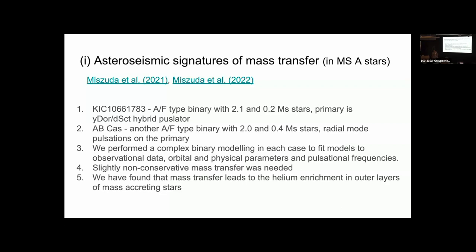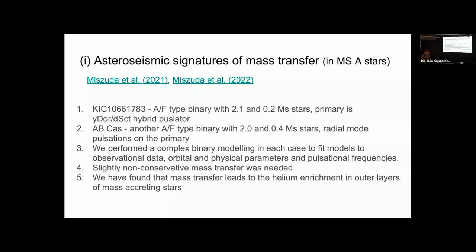We performed a complex binary modeling in each case, trying to fit models both to observational data, orbital and physical parameters, as well as pulsation frequencies. What we found is that slightly non-conservative mass transfer was needed in order to get a right model that would recreate our system in its current condition.